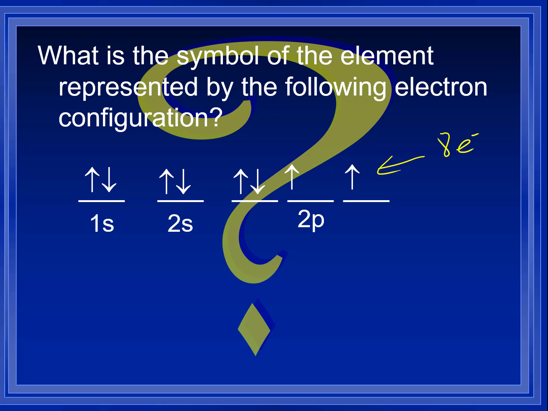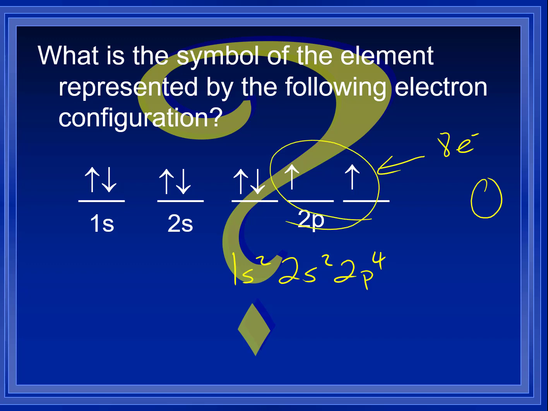What has 8 electrons? O has 8 electrons. Okay. So see how this is just another way of writing 1s2, 2s2, 2p4. But the difference is, here I can see that these electrons are unpaired.